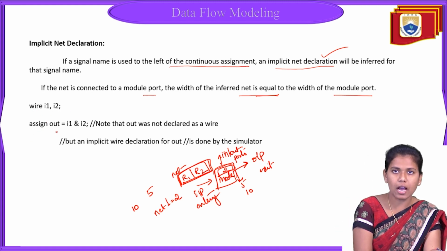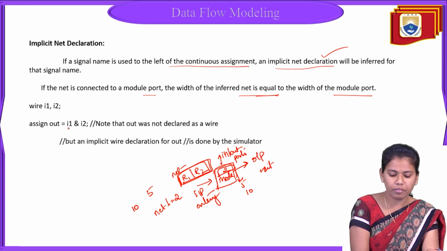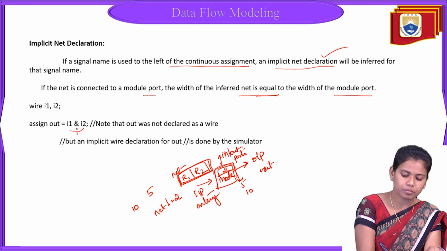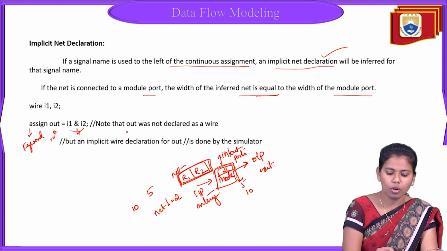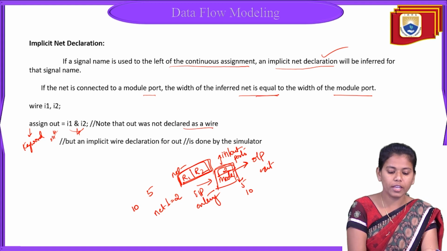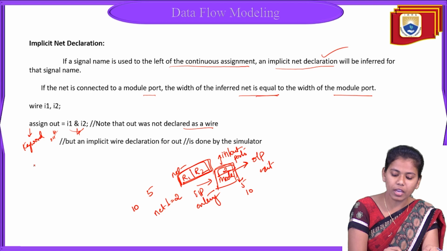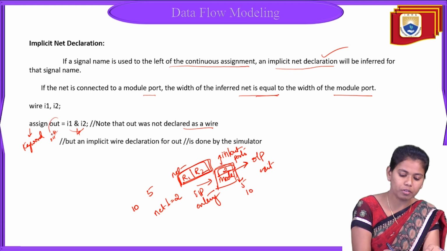So here we have wire I1 and I2. Assign out is I1 and I2, where I1 and I2 are the inputs, out is the output, and assign is a keyword. The statement notes that out was not declared as wire. In this implicit net declaration we are not declaring the output with wire.